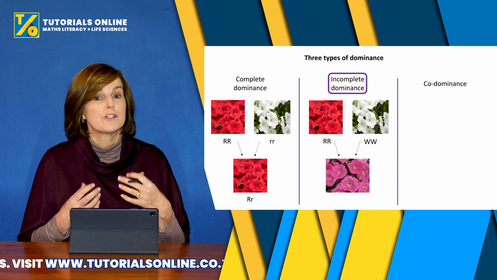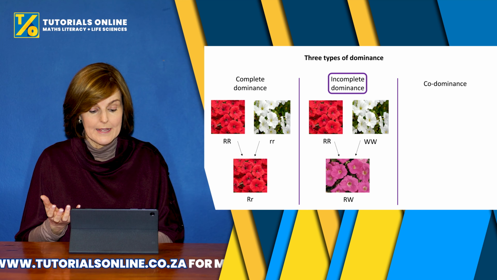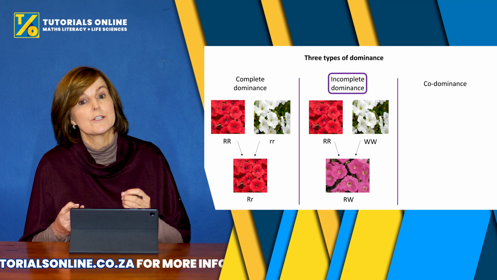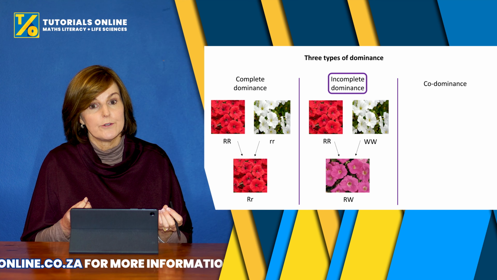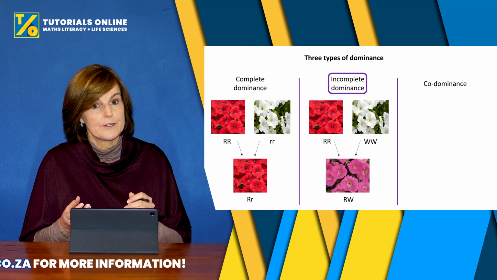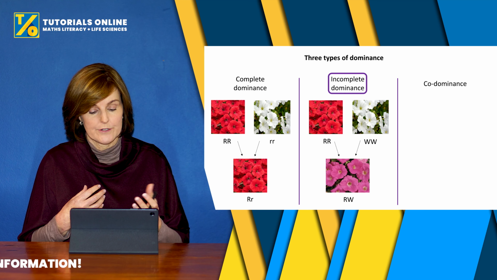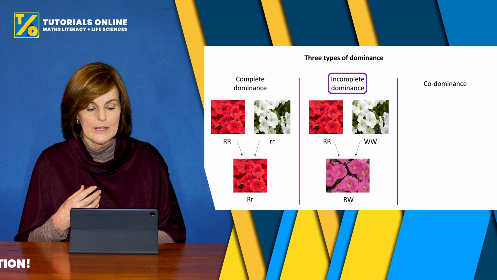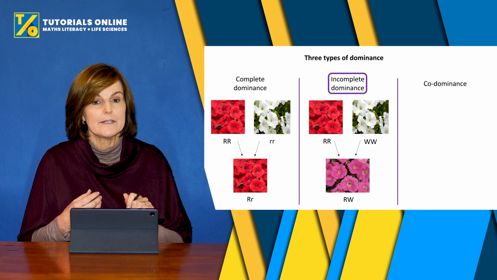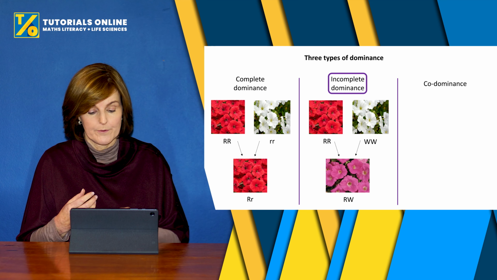So it would be, for example, pink flowers, but then the genotype will be capital letter R, capital letter W. That's incomplete dominance. Incomplete dominance gives you a new phenotype. You can see the N there in incomplete, new phenotype, all right?